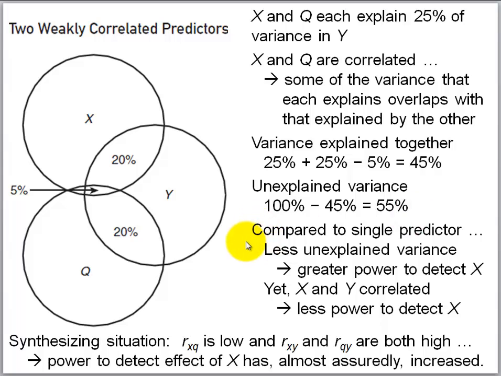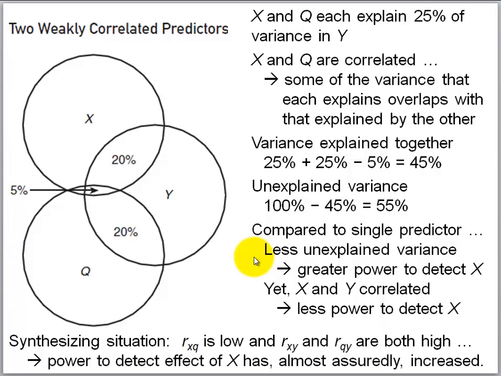Let's compare this situation here to the bivariate situation. In the bivariate situation, recall that 75% of the variance in Y was unexplained. Here, only 55% of that variance is unexplained.